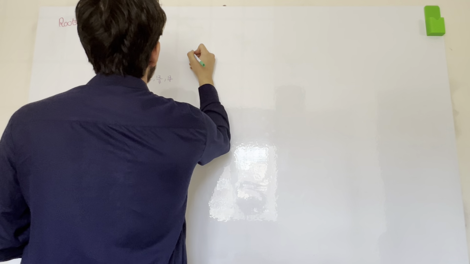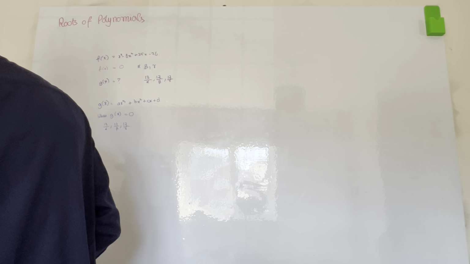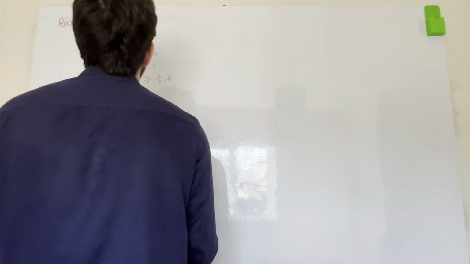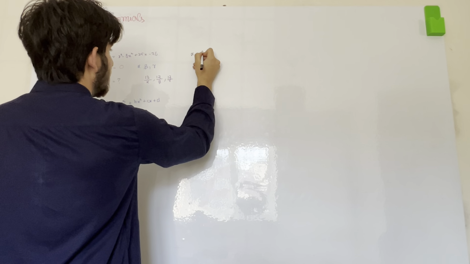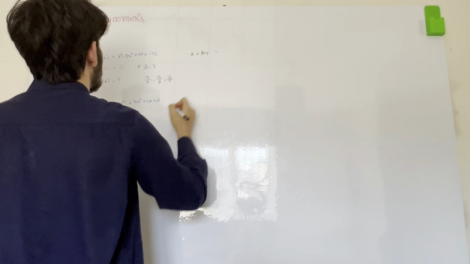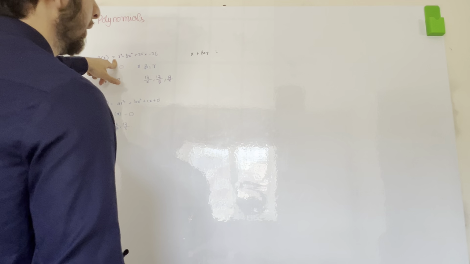Now let's say you have f of x over here, and these roots will add up, and they will have minus b over a. Now minus b over a, because a is just 1 over here, we'll just consider minus b.